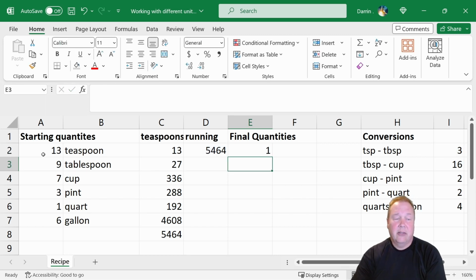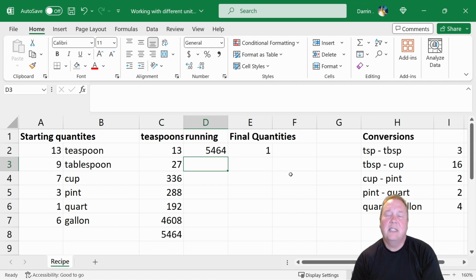And if you think about it, I had 13 teaspoons and 3 teaspoons per tablespoon. So that would mean 12 teaspoons is 4 tablespoons plus 1 teaspoon. This is that 1 teaspoon.